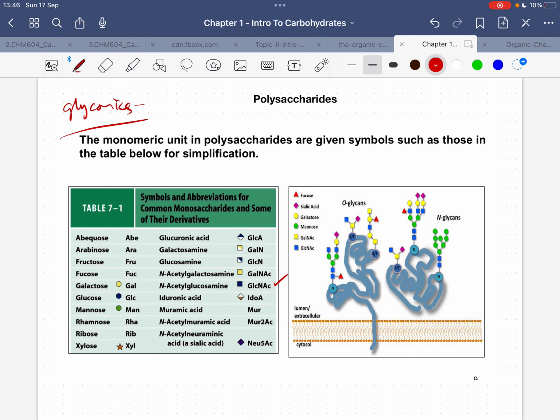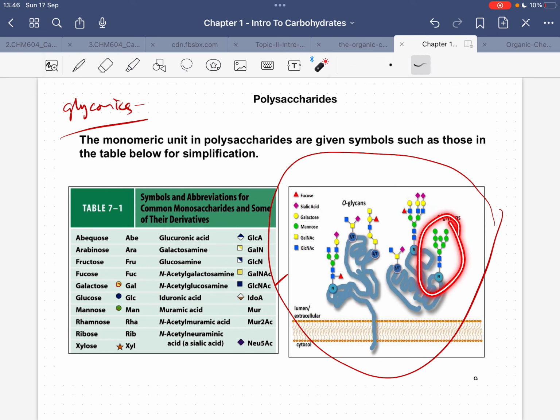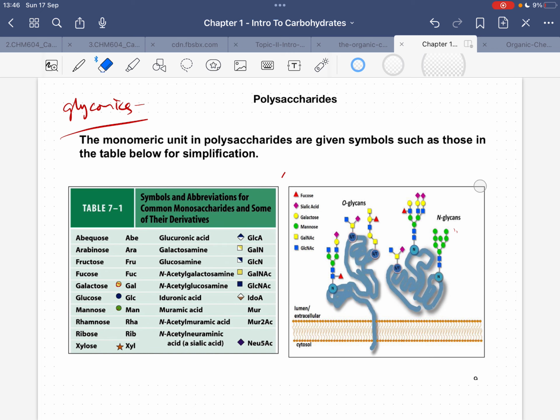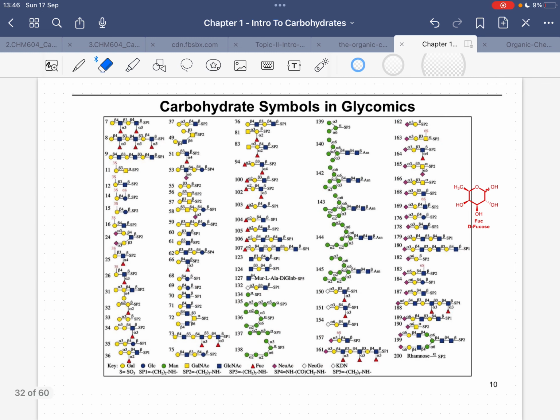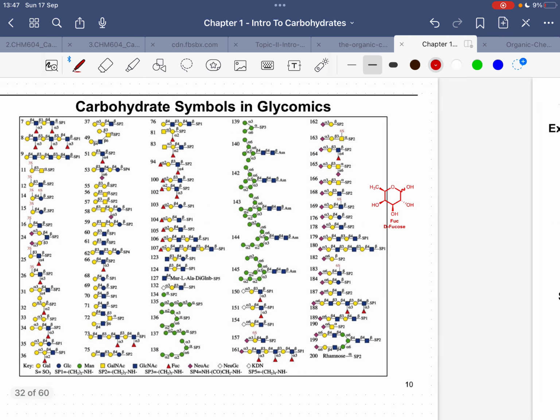For example, galactose is a yellow circle, blue circle for glucose, green circle for mannose, etc. So when you depict a very complex polysaccharide, it looks like colorful symbols for easy identification. Okay. So these are the carbohydrate symbols used in glycomics. Usually biochemists and biologists prefer these symbols.